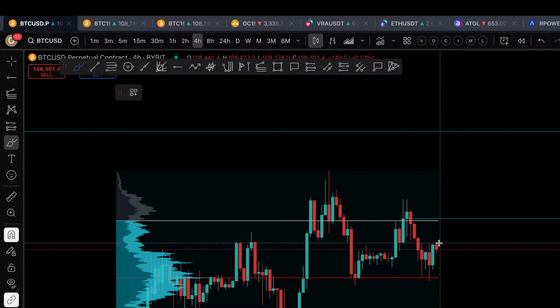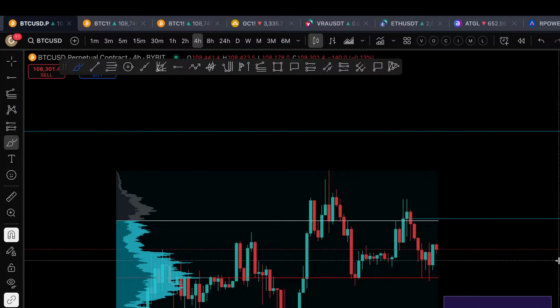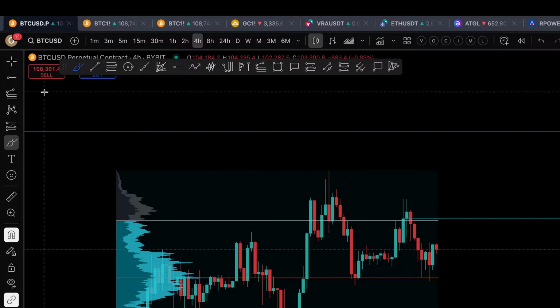That short should just take us down below to our target, which is down here. Yeah, nothing much. I've set an alert for this, and I've also set an alert for this VWAP. I'm going to wait for alerts to hit. So Bitcoin, that was Bitcoin.